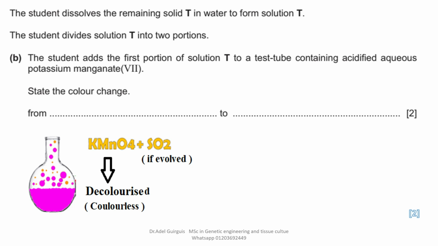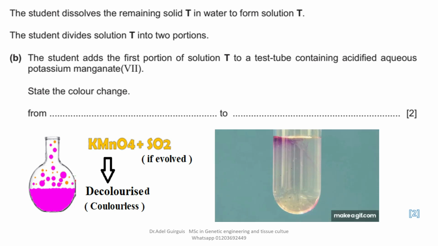Potassium manganate(VII), KMnO4, mixed with a source of SO2, I mean sulfite. If SO2 evolves as a gas, it decolorizes the potassium manganate. Look, this purple color disappears when SO2 passes through. So the answer is from purple into colorless.